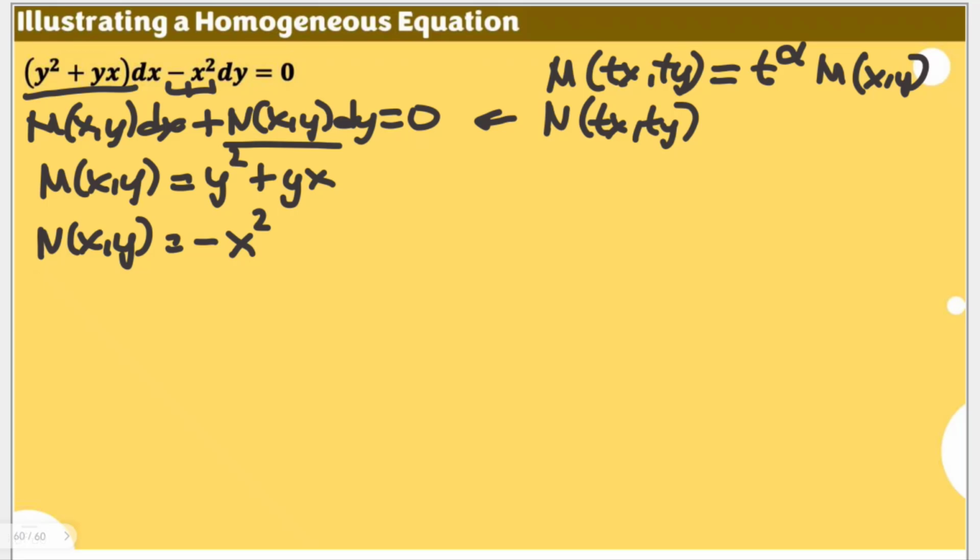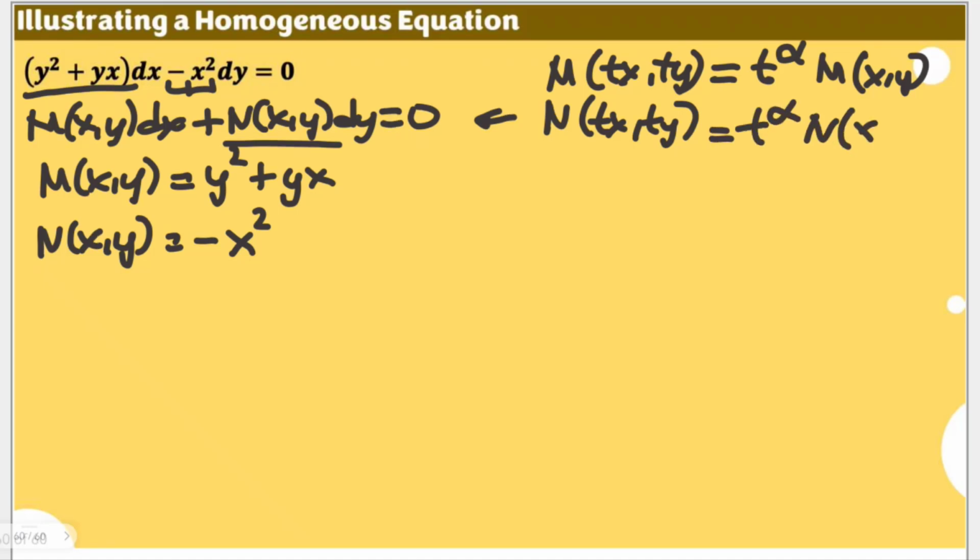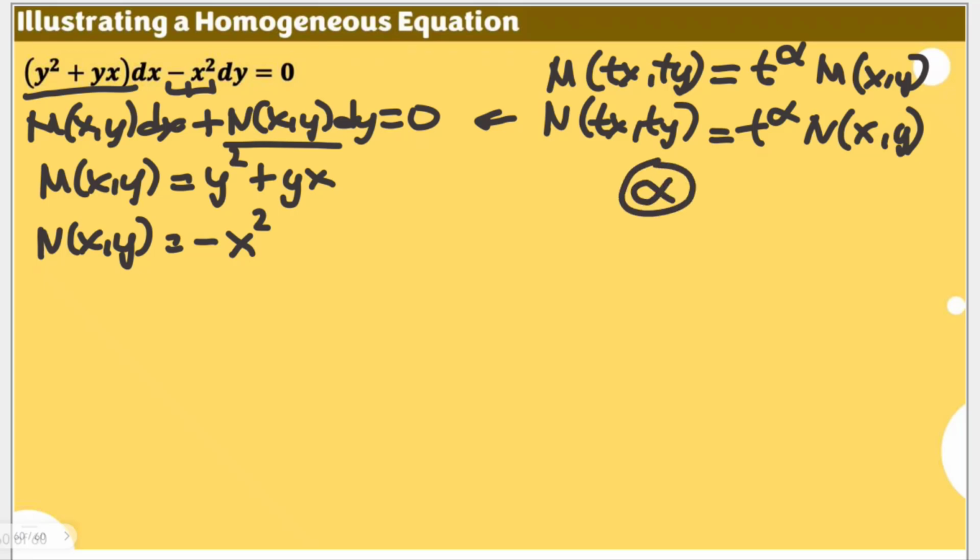If we could factor out t raised to a certain alpha exponent times the original M, at the same time to our N here, then we are one step closer in determining whether this given equation is homogeneous or not. Because the next thing here is to make sure that alpha on both expressions are of the same value.